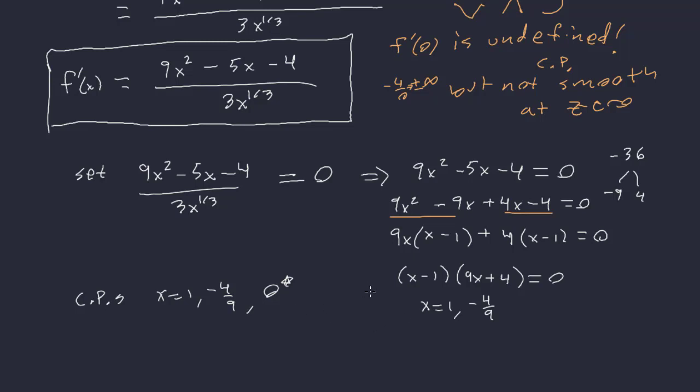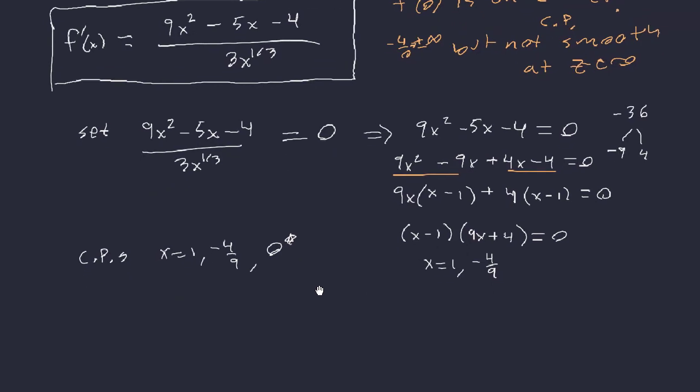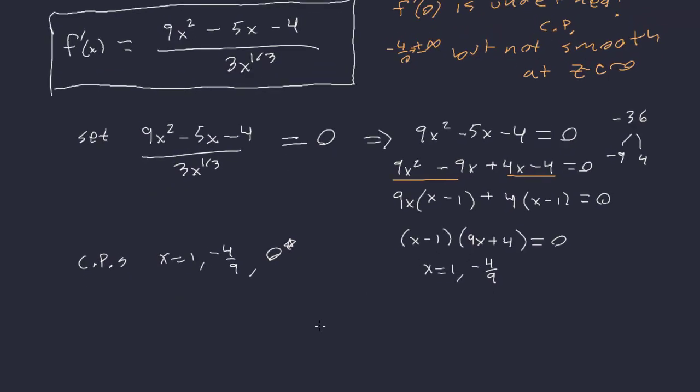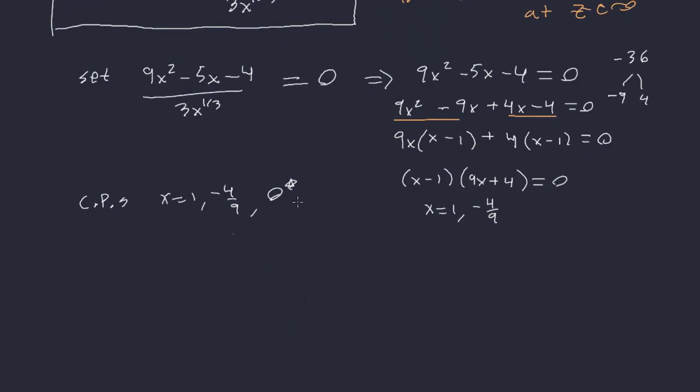So it looks like that's going to be a spike of some sort. All right. And I'm going to use the first derivative test to tell what's going on, since we have an undefined critical point here.